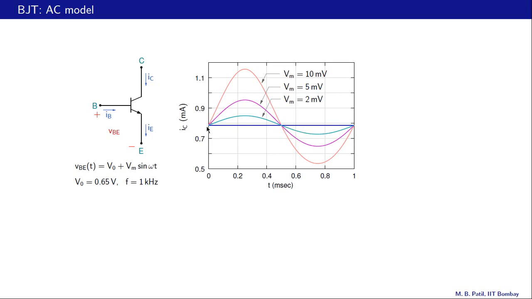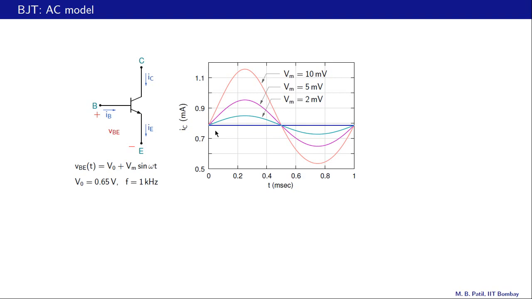Now in this case, when Vm is 2 millivolts, we can see that these positive and negative excursions are equal, and that is what a sinusoid should look like.